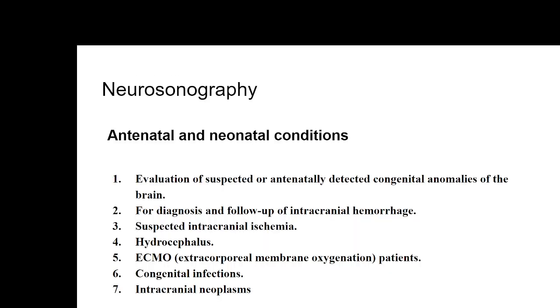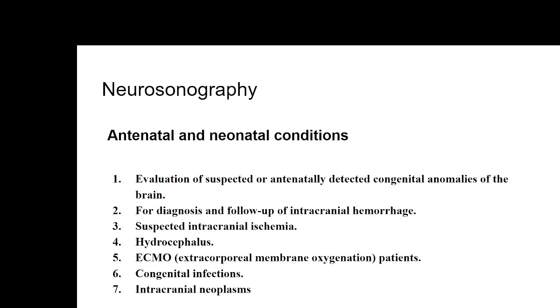Neurosonography is very specifically used in antenatal or neonatal conditions, abnormalities of the intrauterine life, or immediately after the birth. It's used for evaluation of congenital abnormalities of the brain antenatally, or for diagnosis and follow-up of intracranial hemorrhage in neonatal conditions, intracranial ischemia, hydrocephalus, or extracorporeal membrane oxygenation patients, where the patient may have hypoxia-like conditions, or congenital infections, and intracranial neoplasms of neonatal conditions.